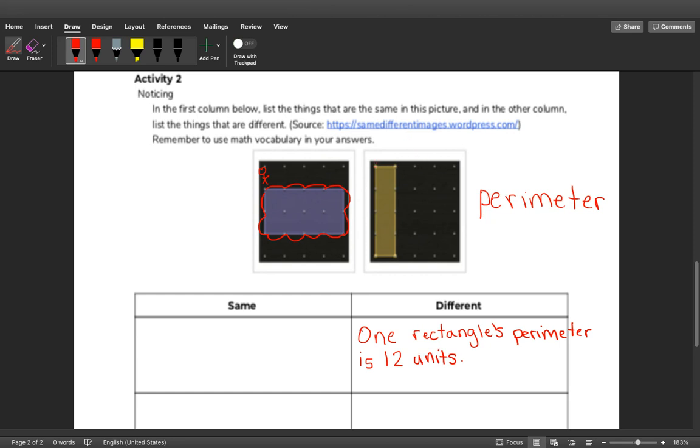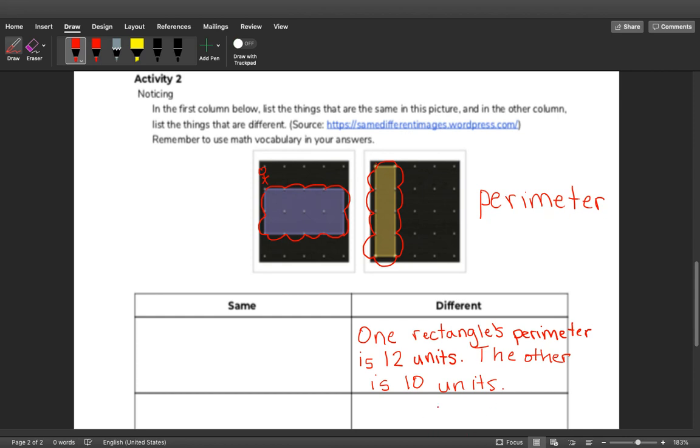If I start here and I count going around, it is 1, 2, 3, 4, 5, 6, 7, 8, 9, 10 units. So one rectangle's perimeter is 12 units. The other is 10 units. So that's one way that these two rectangles are different.